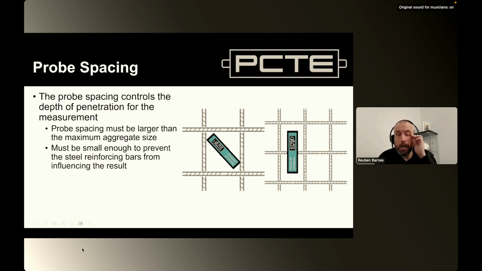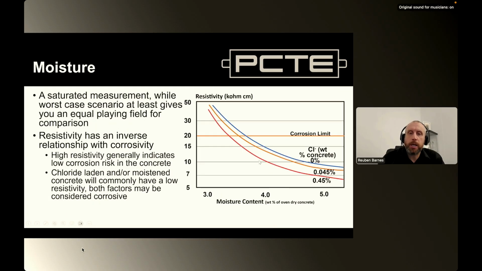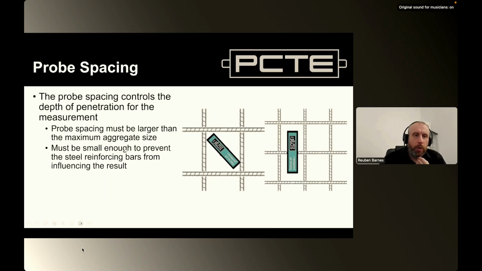If we can't do that, then we could bridge one, and that's going to be the smallest amount of reinforcing within that. We could potentially use a smaller spacing, and that's what this gadget here is for, giving us a variable spacing as opposed to the set spacing. However, we want to make sure that our spacing is appropriate to the type of concrete that we're encountering, and the main thing that we're worried about is the maximum aggregate size.